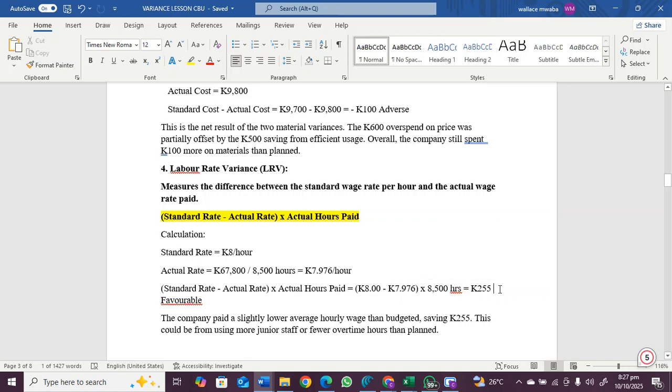You get 204, which is favorable. So in terms of labor, we paid less than what we expected.